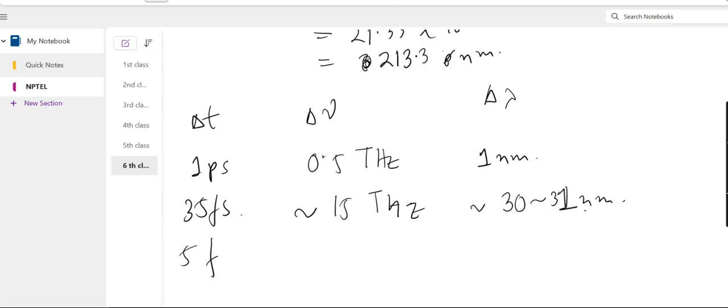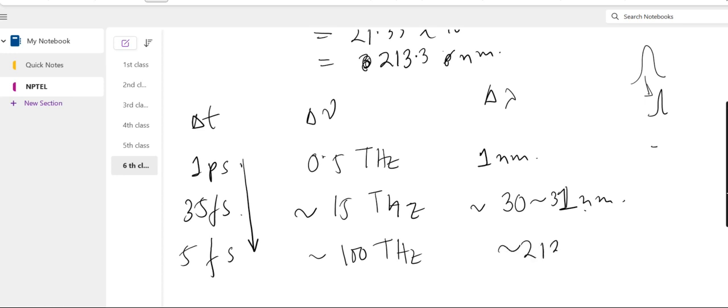For 5 femtosecond, the pulse duration is going down, and you can see we got 100 terahertz and delta lambda is around 230 nanometer.